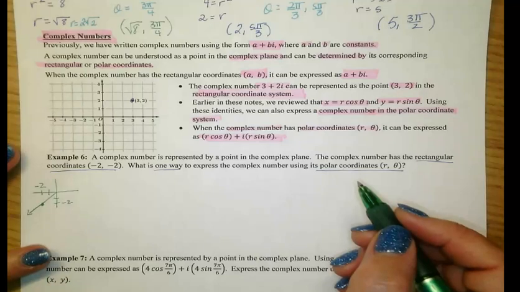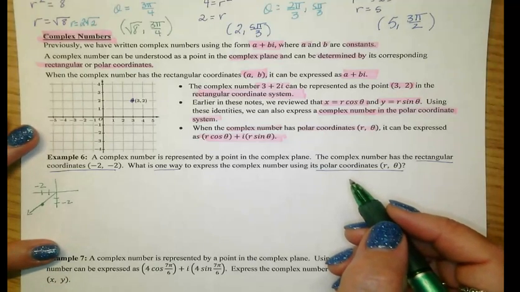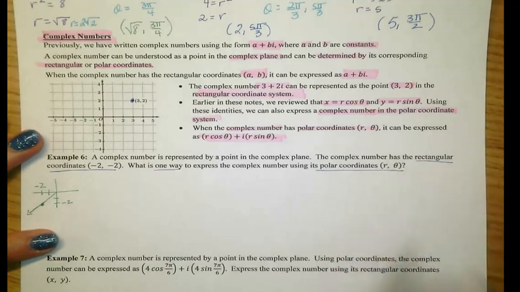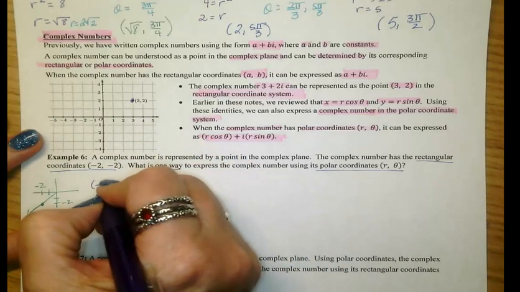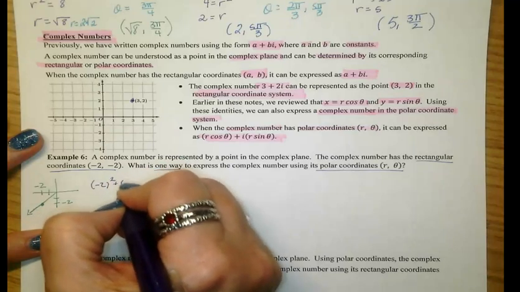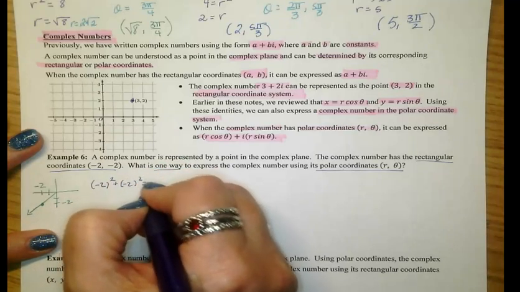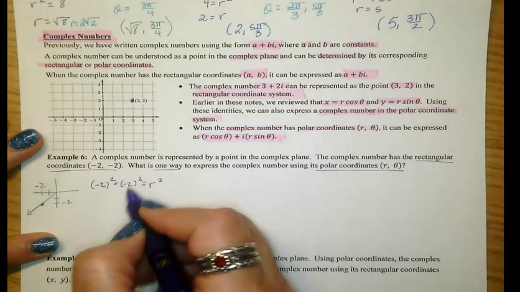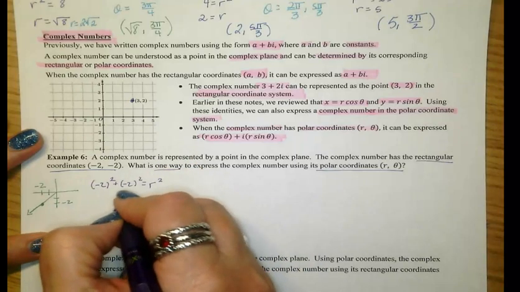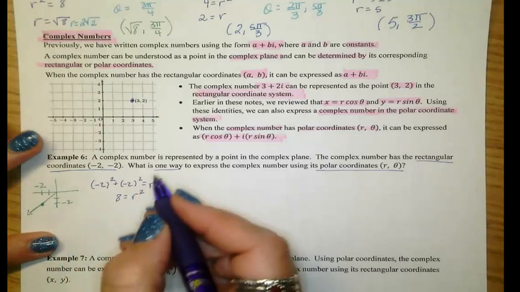All right, so on example 6 then, if I want to know the radius of my circle, then I'm going to do -2 squared plus -2 squared equals r squared. So -2 squared is 4 and 4, so we have 8 equals r squared.